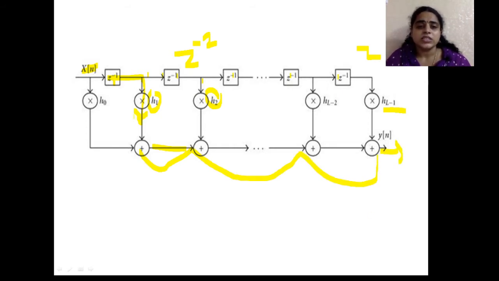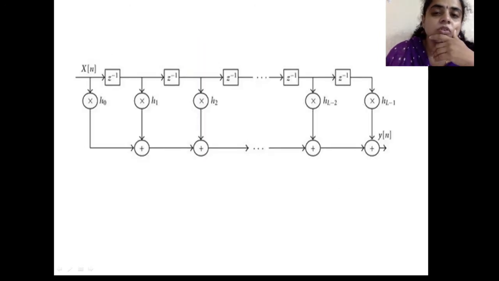This is the direct form 1 structure of FIR filters. If they give a characteristic equation in the form of Z transforms and ask us to represent it in direct form 1, this is how we do it. This is the direct form structure, and the next structure is the cascade form.